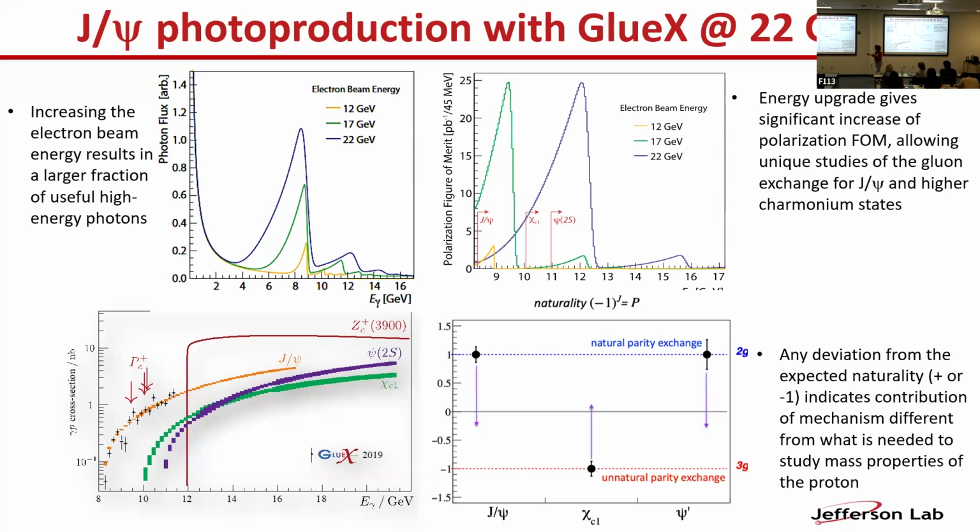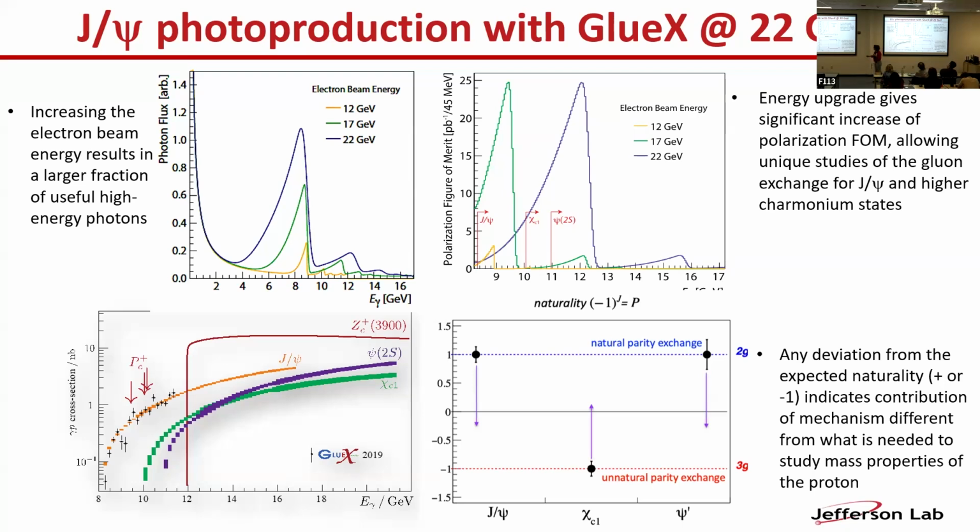If we go to 22 GeV, this is the polarization at 12 GeV. At 22 GeV it is this one. You see the increase in the figure of merit of the polarization.